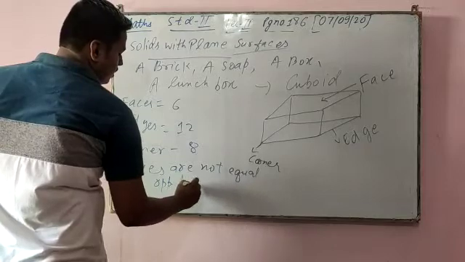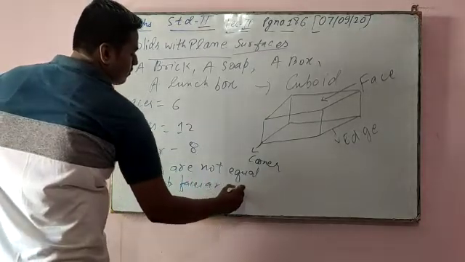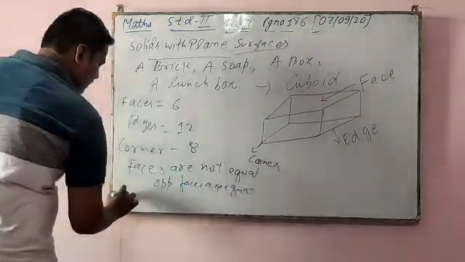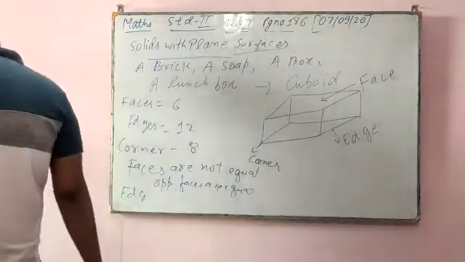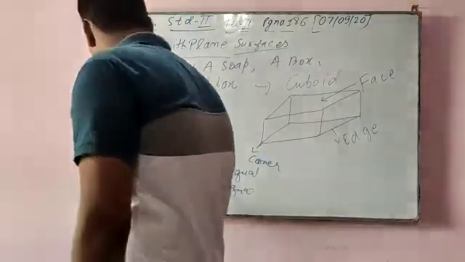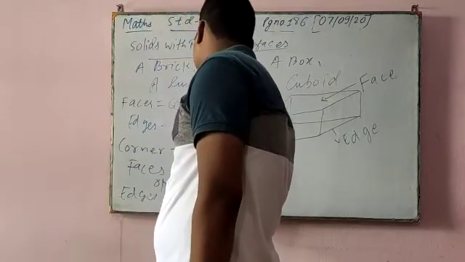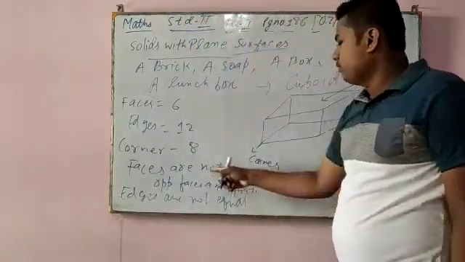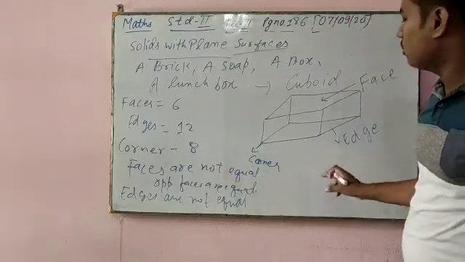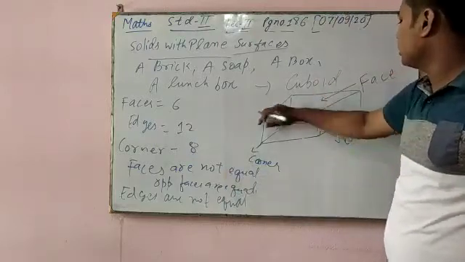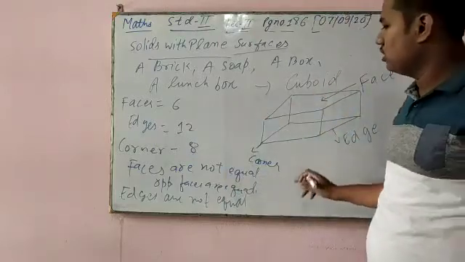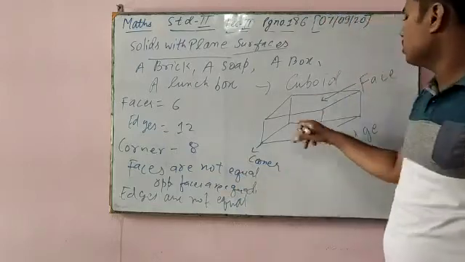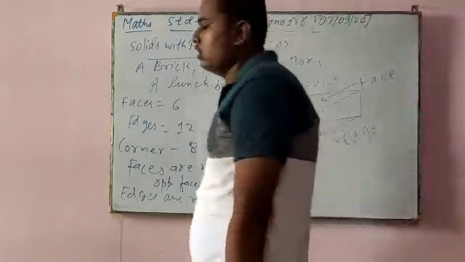All the faces are also not equal, only the opposite faces, this side and this side, are equal. And edges, not every single edge is equal in a cuboid.